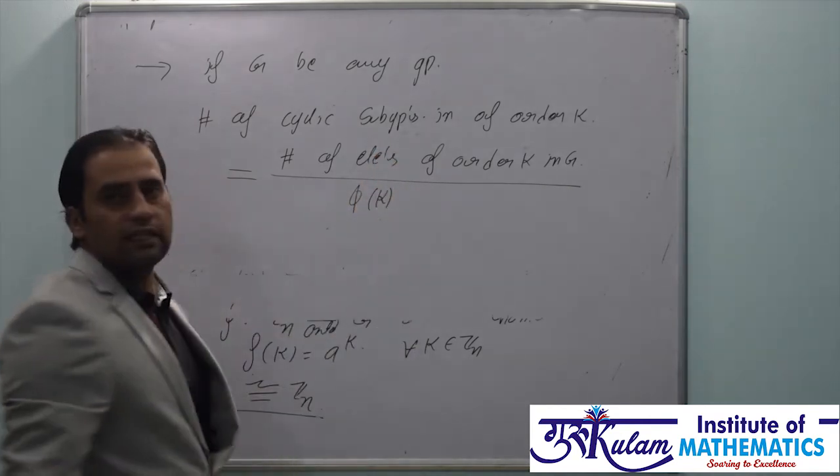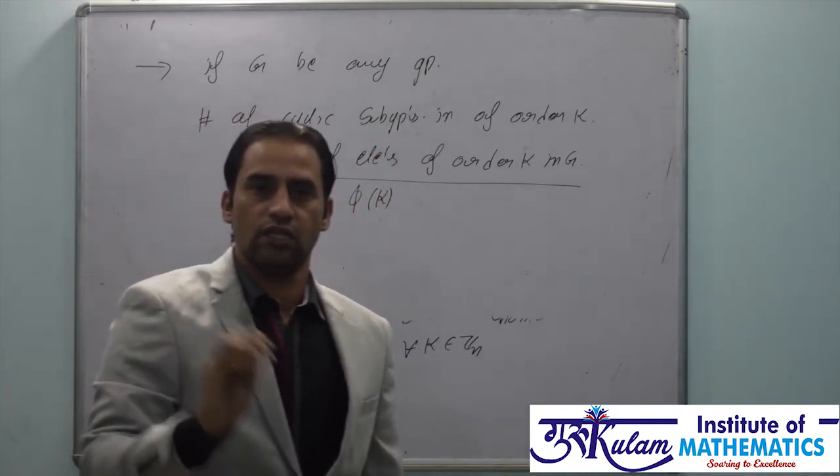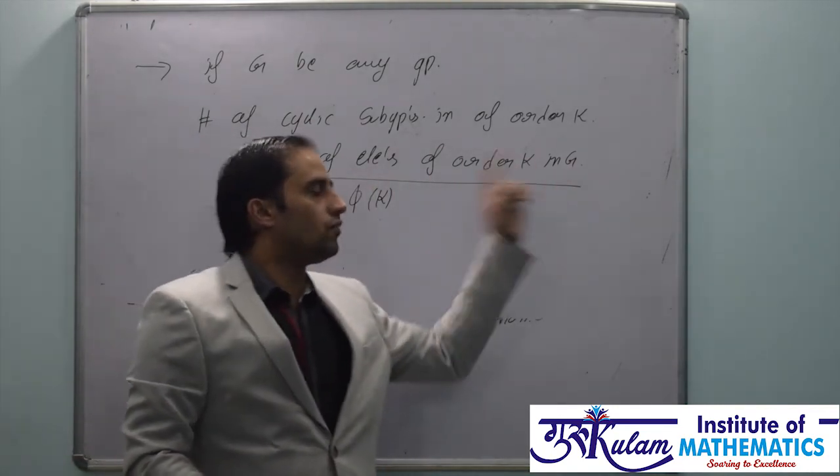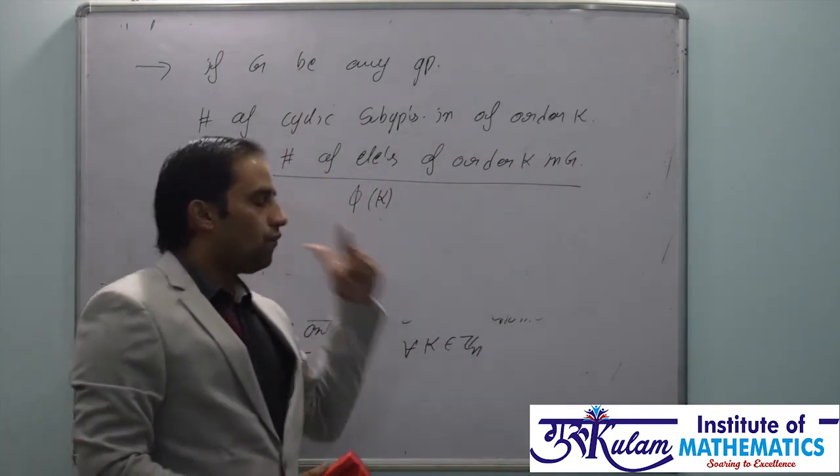If there does not exist any element of order k, then there does not exist any cyclic subgroup of order k. Otherwise, it is the number of elements of order k in G upon phi of k.